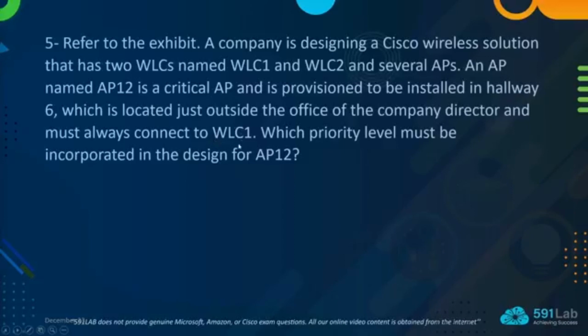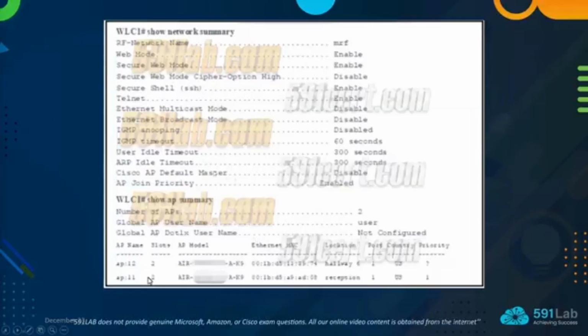So let's go to the exhibit that they say about it. Okay, so here we have the AP summary, and we have the controller or network summary, but we're most interested in the show AP summary. So we have for example AP12 and AP11, and we can see their information and the priority of it. By default, any access point is set to priority 1, which is the lowest priority.